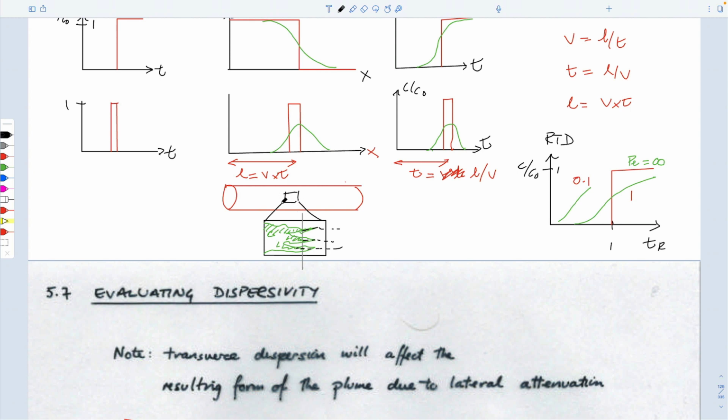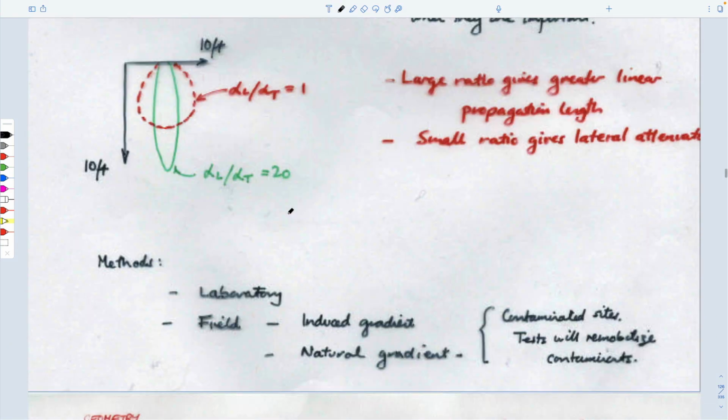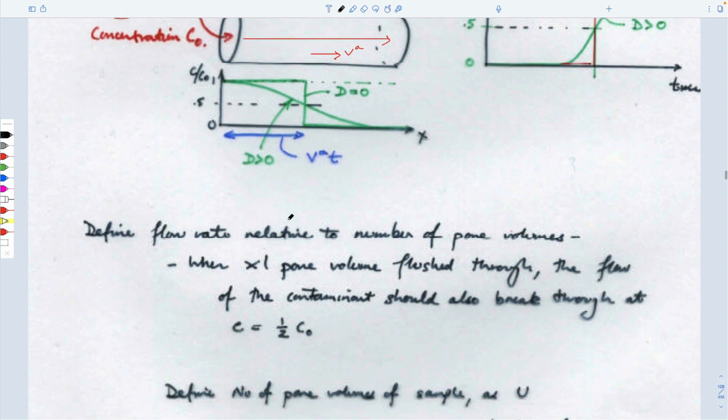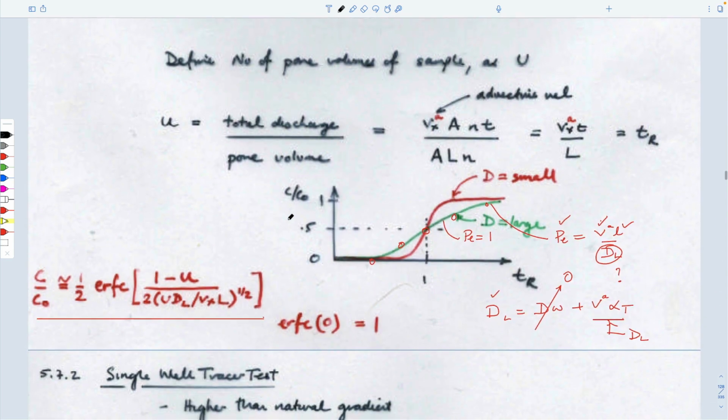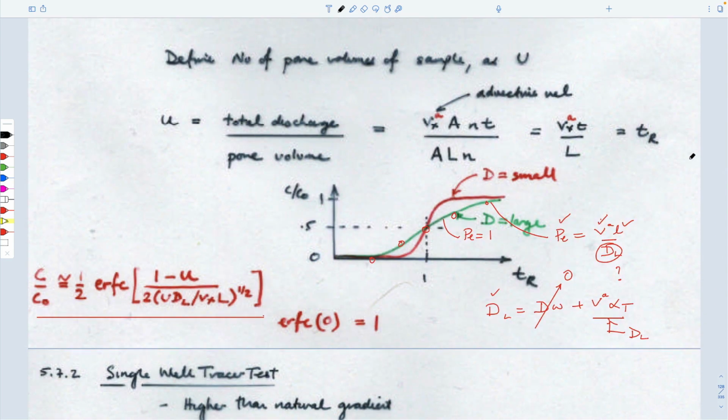But if the structure that we have in our core isn't really representative of a large-scale structure in situ, then our experiment is probably not going to be very representative of our real-scale dispersion. And so this might not be a very good way of doing that.